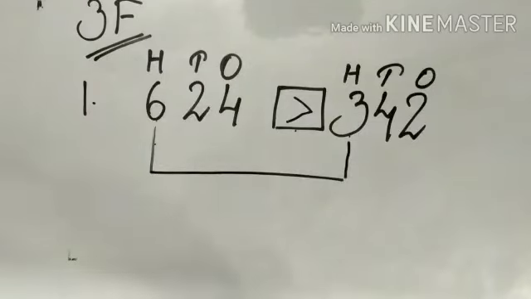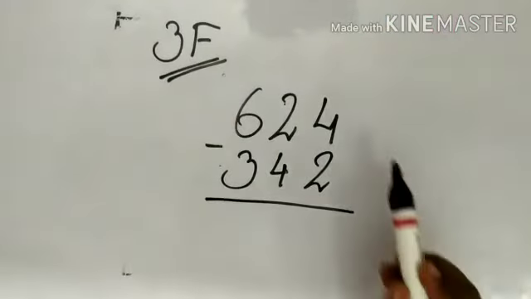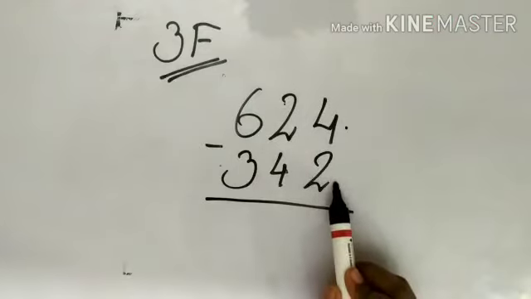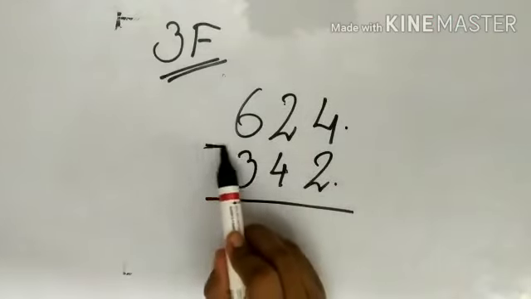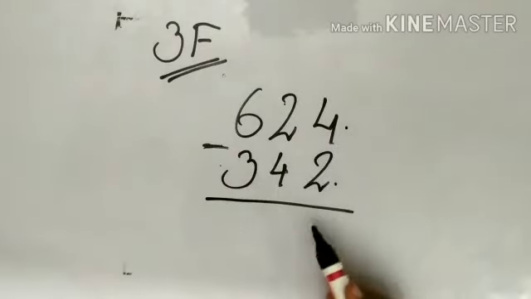Now let's take the next question. Here we are placing the greater number on top and the smaller number second, and then we are subtracting it and finding the difference, right? So you all know how to do the difference? Yes. 4 minus 2 is 2, right?